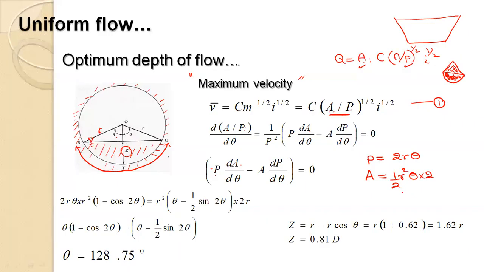Then what is the flow area? You have to subtract the triangular area. When this is R, this would be R cos theta, and this is R sin theta. So you get half R cos theta into R sin theta.